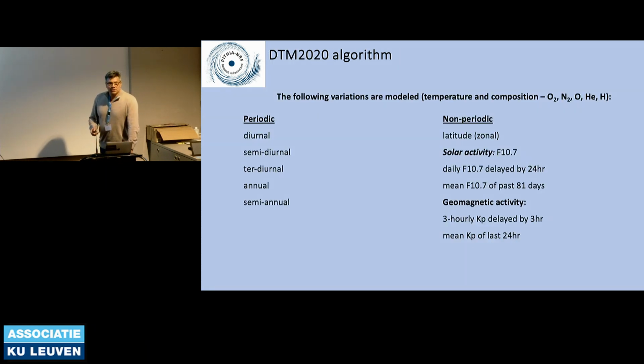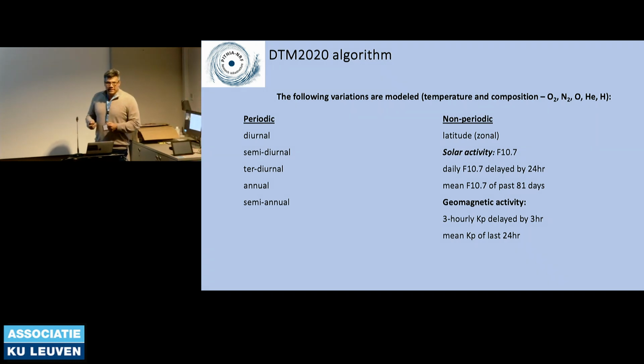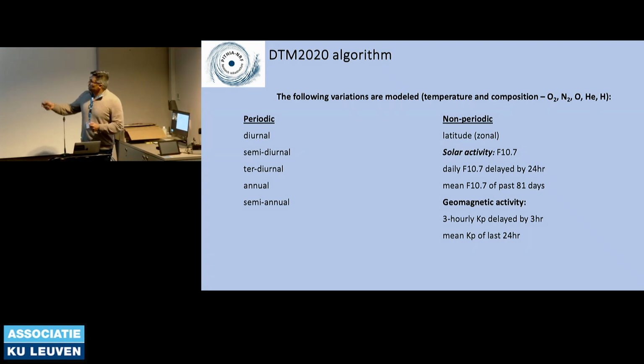These are semi-empirical models in the sense that we do not just fit polynomials or whatever to the data sets that we have. We know from theory a number of variations in the atmosphere that we know should be in the data that we are ingesting.